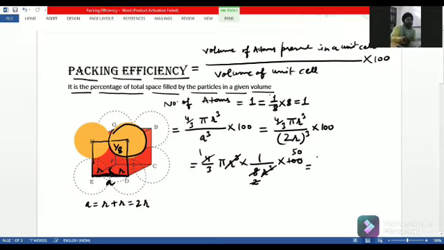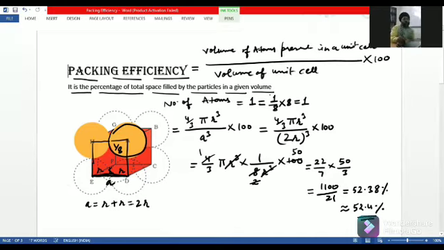Now we can put the value of pi, that is 22/7, and we'll get 50/3. So finally we are getting 1100/21. If you divide it, you will get 52.38%, which is equal to 52.4%. If you do the rounding, the packing efficiency of primitive unit cell is 52.4%.